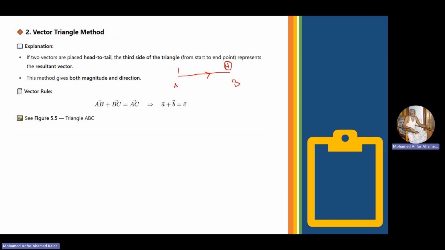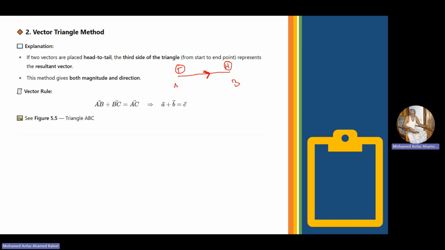This is called the tail of the vector, because the arrowhead shows the direction.